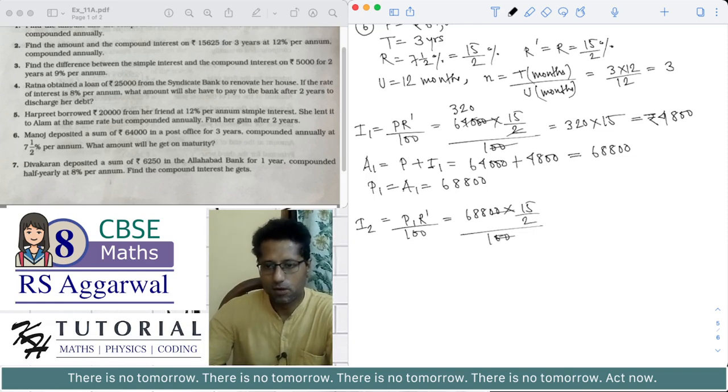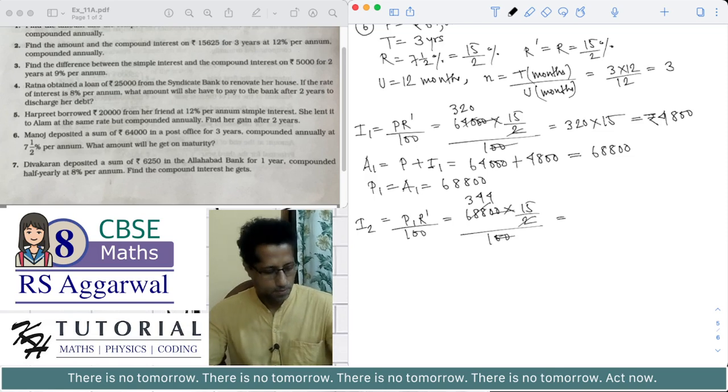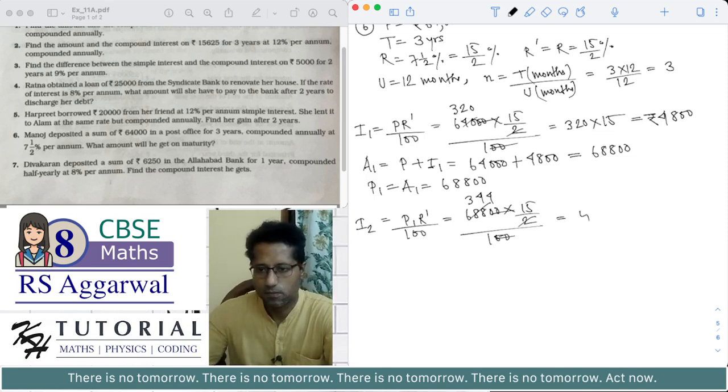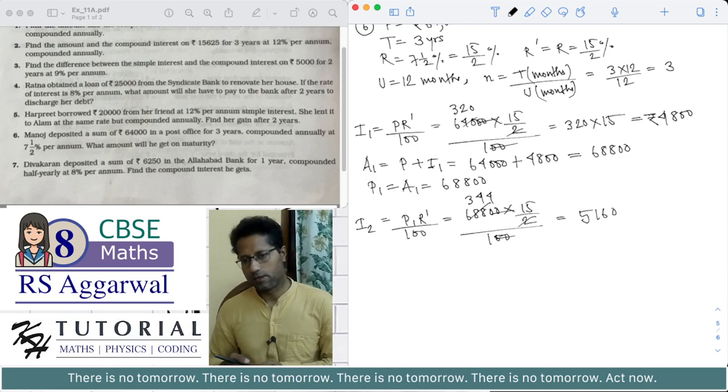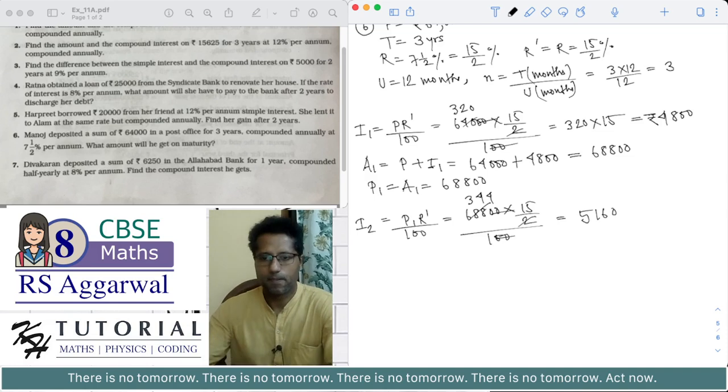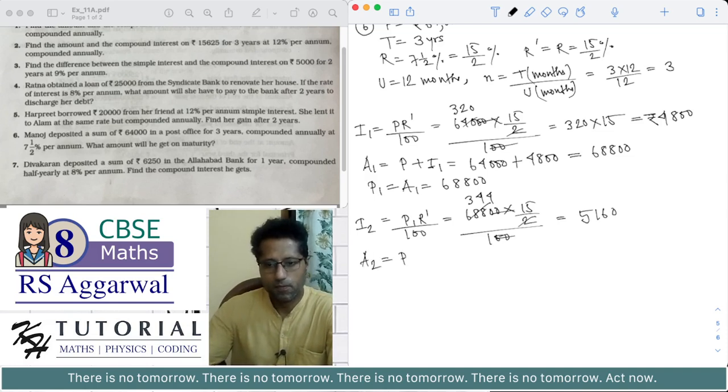0, 0 cancels out. 2 divides 688 by 344, and 344 multiplied by 15 is 5160. So this is the interest at the end of the second unit of time. Amount A2 is equal to P1 plus I2.